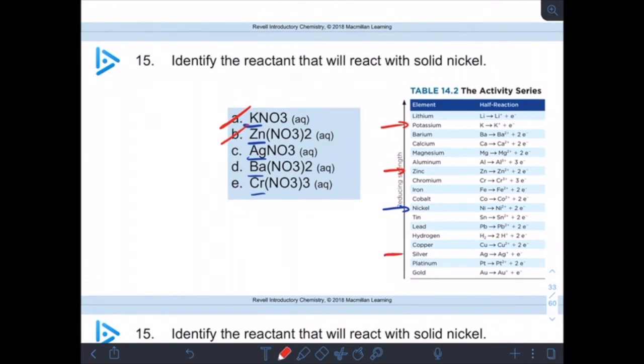Silver. When the ion is lower on the table than the metal, that's a possibility. Barium, the ion is higher, so no. And chromium, the ion is higher, so no. So our answer is silver nitrate. Will react with solid nickel.